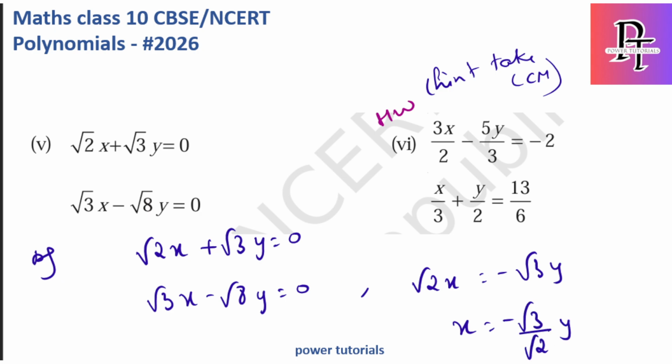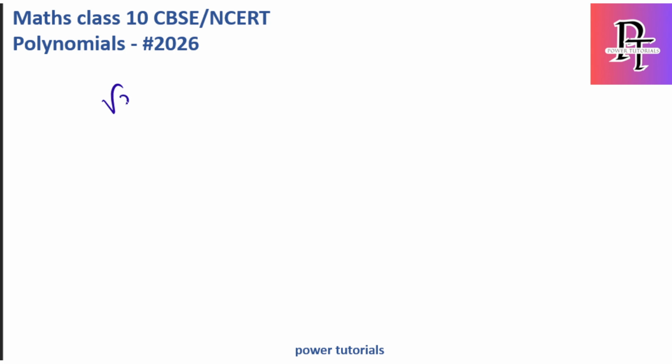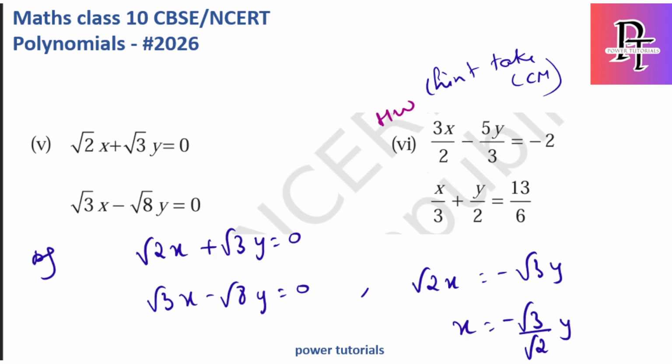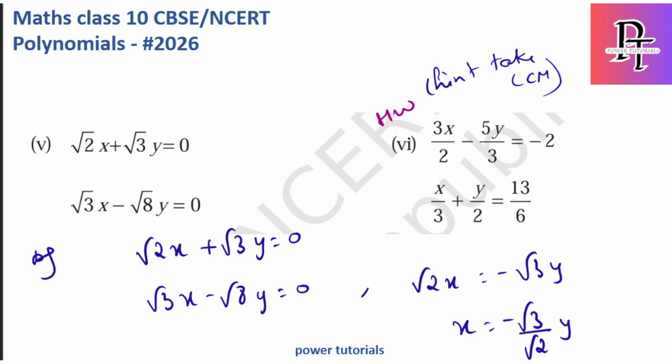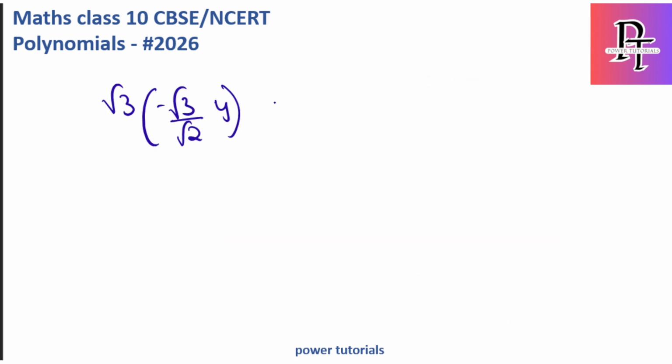Substitute here: root 3 into the x value, what I got, minus 3 by root 2 y, minus root 8y is equal to 0. Okay, so I can say this is minus root 9 by 2 y minus root 8y is equal to 0.